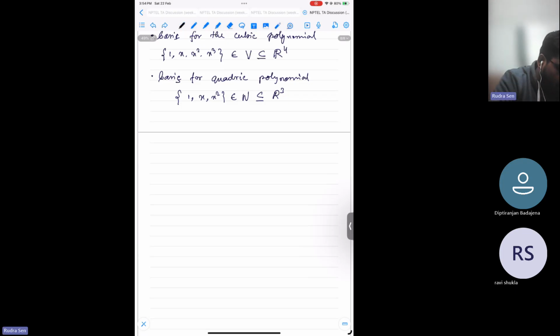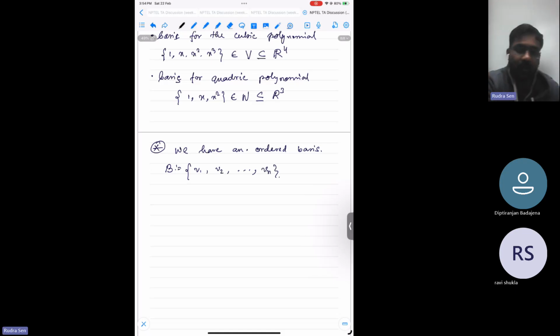Now, the concept is, let's say we have an ordered basis, call it B, which consists of, let's say, v1, v2 up to vn vectors in Rn dimension. V is basically the vector space, which is a subspace of dimension n.